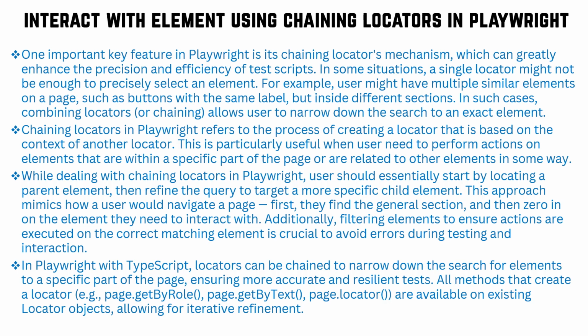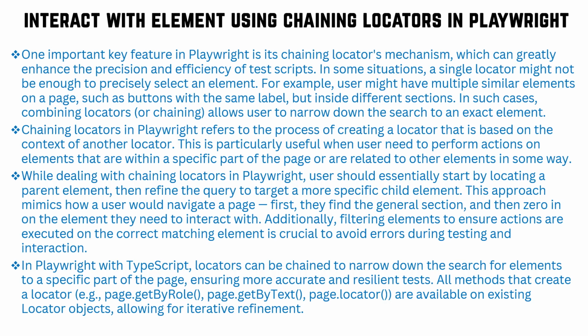One important key feature in Playwright is the chaining locator mechanism, which can greatly enhance the precision and efficiency of test scripts. In some situations, a single locator might not be enough to precisely select an element. For example, a user might have multiple similar elements on a page, such as buttons with the same labels, but inside different sections. So in case I identify the section first, then I can go to the next thing.